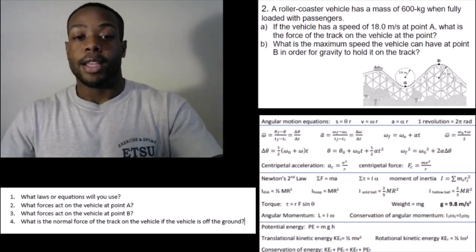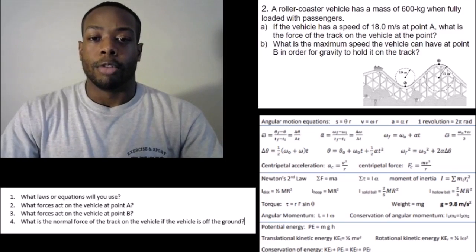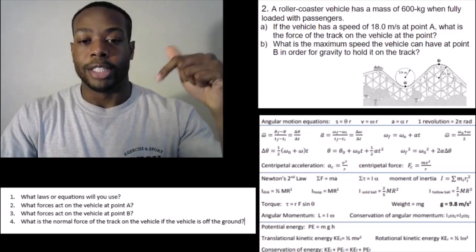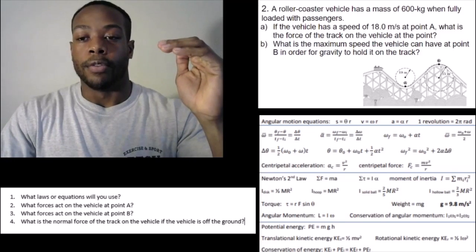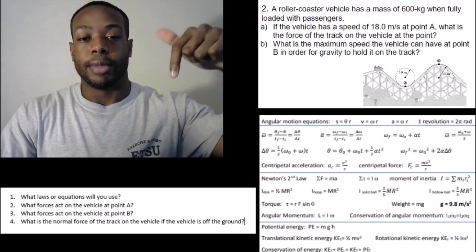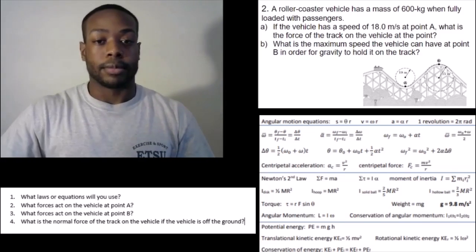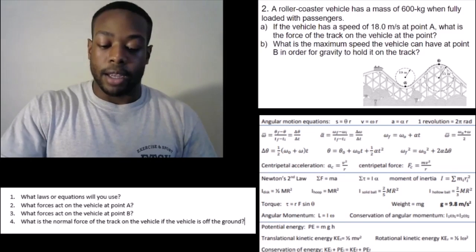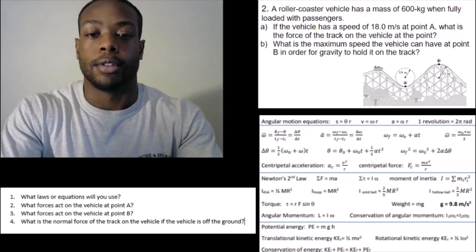So the idea here is that because we have centripetal acceleration, and centripetal acceleration always points towards the center of the circle, we're at the peak of the circle, so the centripetal acceleration is going to be pointing down in your negative direction. So that's one thing to keep track of, but otherwise this problem is not overly difficult.